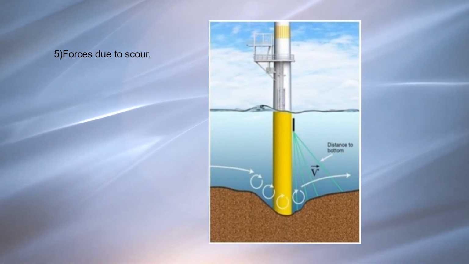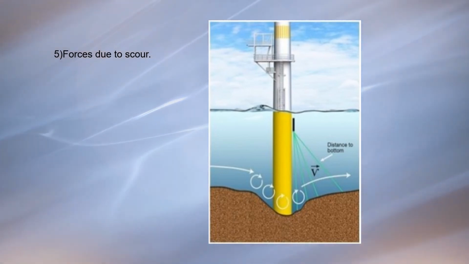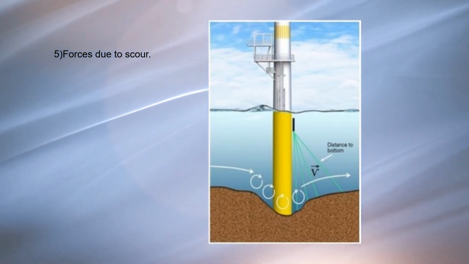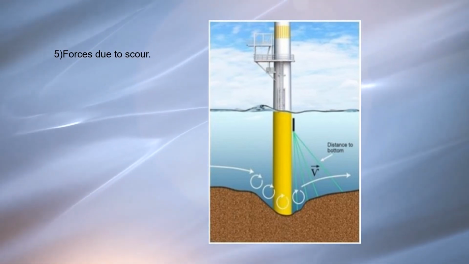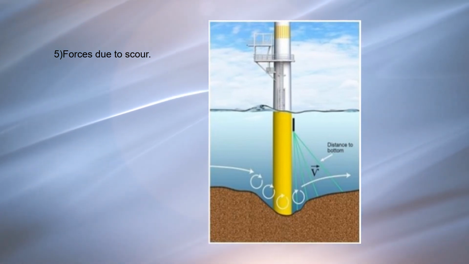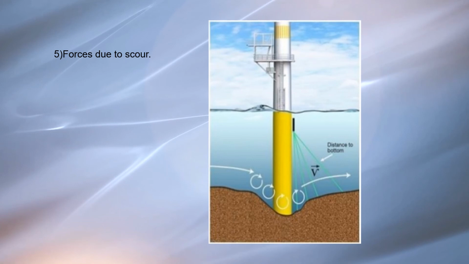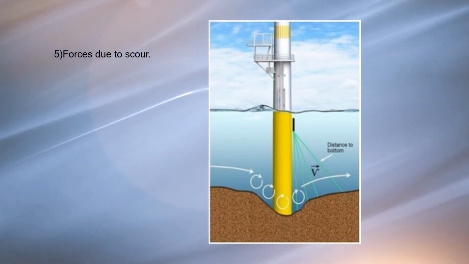Number 5. Forces due to scour. Scour of the river bottom or sea floor along the cofferdam may take place owing to river currents, tidal currents, or wave-induced currents. Some of the most serious and disastrous cases have occurred when these currents have acted concurrently.